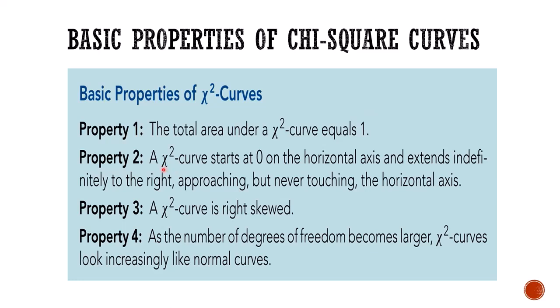Property 2 says a chi-squared curve starts at 0, which we saw in the previous diagram. It's anchored at 0 on the horizontal axis and extends indefinitely to the right, approaching but never touching the horizontal axis. So we talked about that too in the previous slide. A chi-squared curve is right skewed.